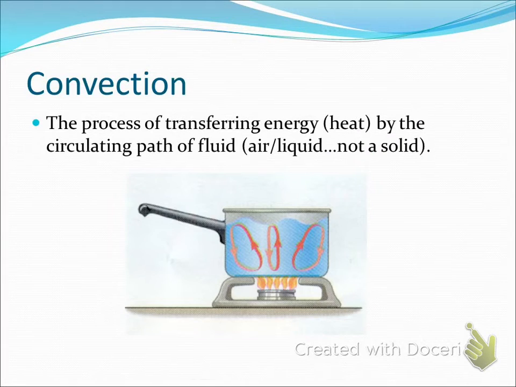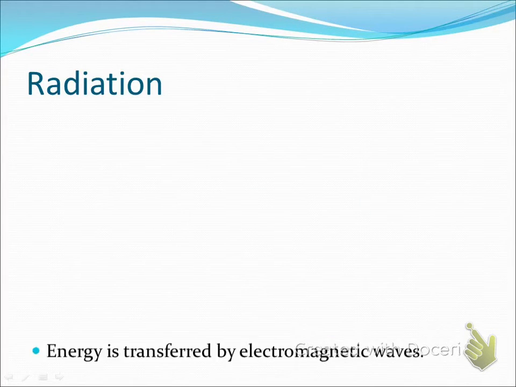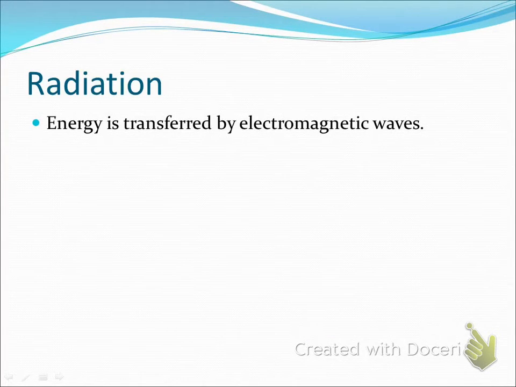The last one is radiation, right? And this is energy being transferred by, again, electromagnetic waves. You'll spend a lot more time in this in grade 12, but electromagnetic wave is really a photon of light.